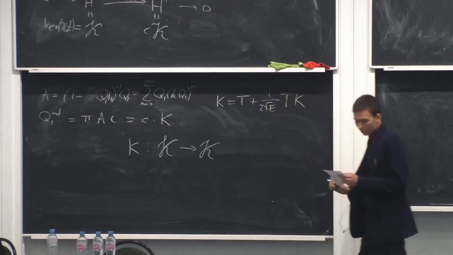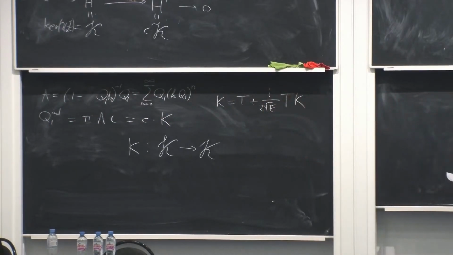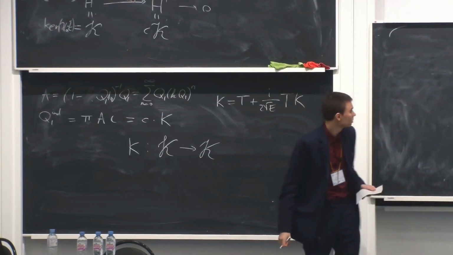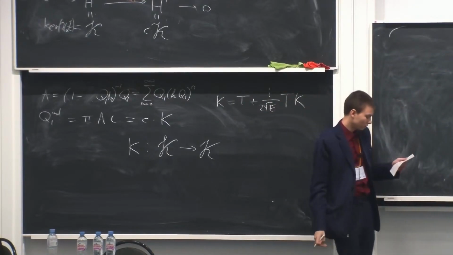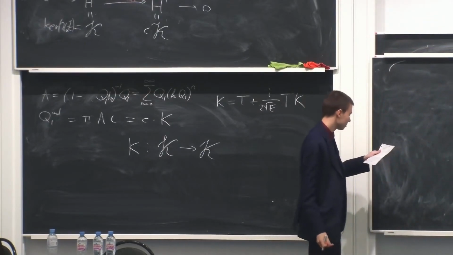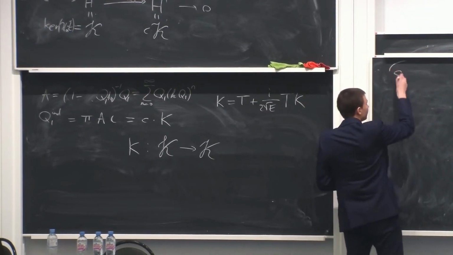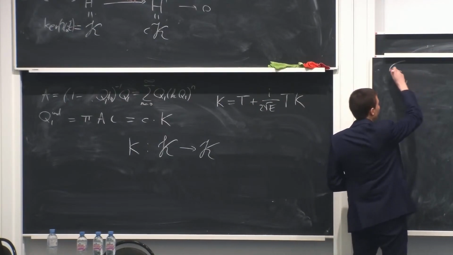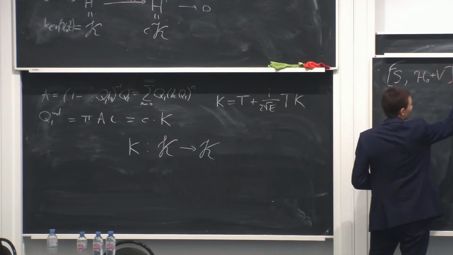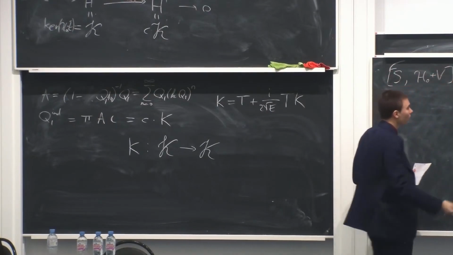So let me propose a modification of this procedure that yields some new objects and new relations between them. Suppose we have a symmetry of this full Hamiltonian, just this simple type.